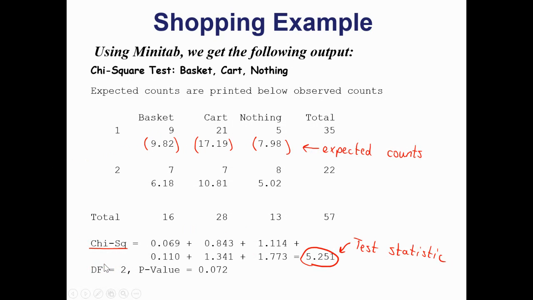DF, well, what do you think DF stands for? Degrees of freedom, just like it always has. And then p-value, they calculated that for you. So just using this output, and we're going to get to the conclusion here in a second, but just using this output and the fact that they want us to test at an alpha of 0.05, what would we do to the null? Would we reject or fail to reject? Fail to reject.